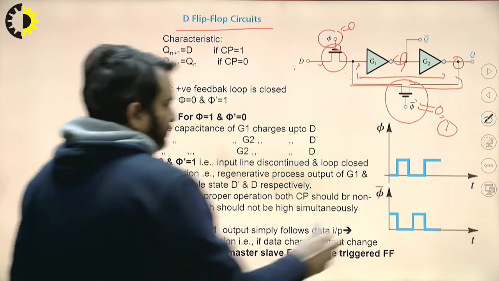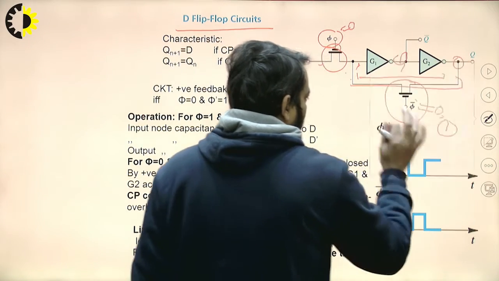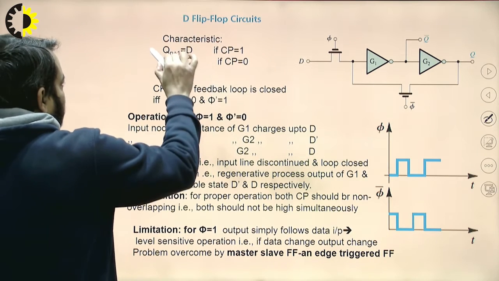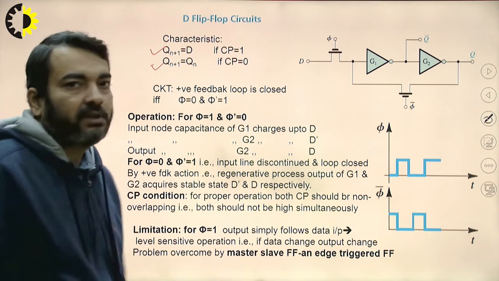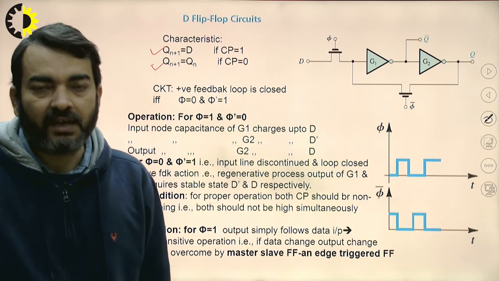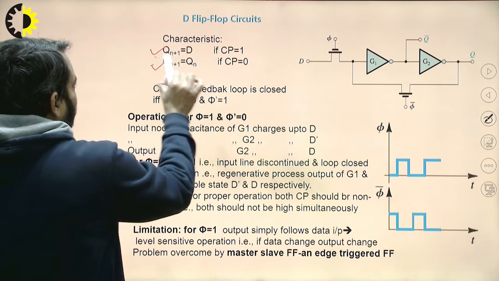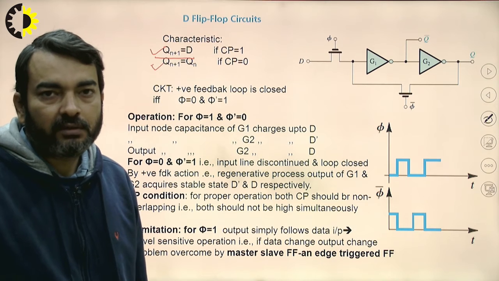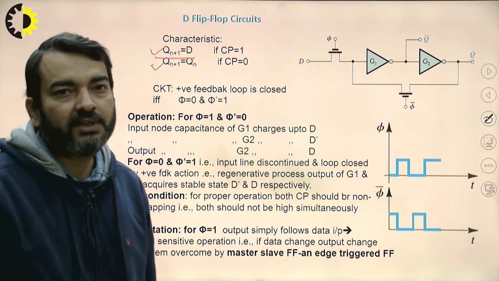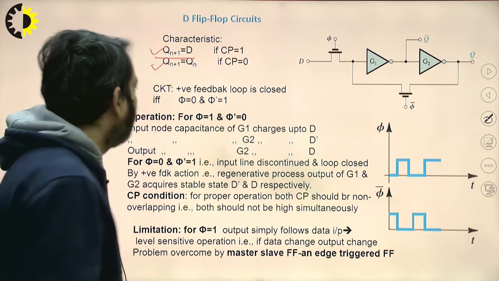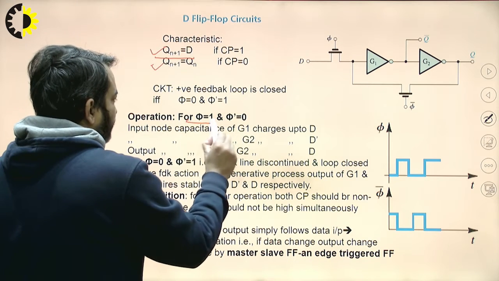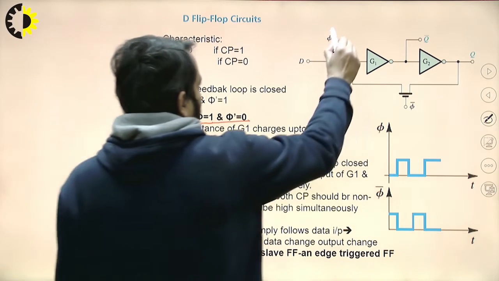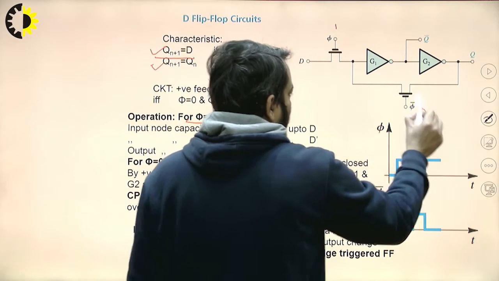So here let us see the operation. This is the characteristic equation of the D flip-flop. When our clock pulse is 1, the next state will be equal to the D input. When our clock pulse is 0, the flip-flop will retain its previous value. Let's say in the first case the clock pulse is 1. So this is 1, and obviously this will be 0.